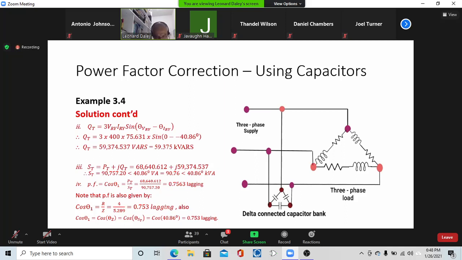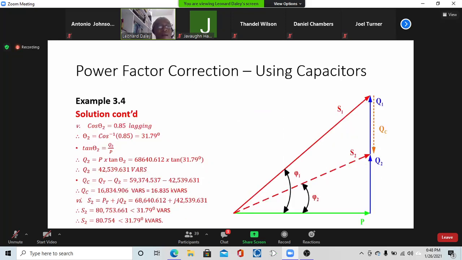All right, so the power factor is 0.753 lagging, and they want to raise it up to 0.85 lagging. All right, might not look like they're going very far, but it's just the procedure we want to see, how it's done. All right, so the power factor of the new system now, which will be cos theta 2, instead of phi 2 here, I'm using theta 2, since we have been using theta for power factor from before.